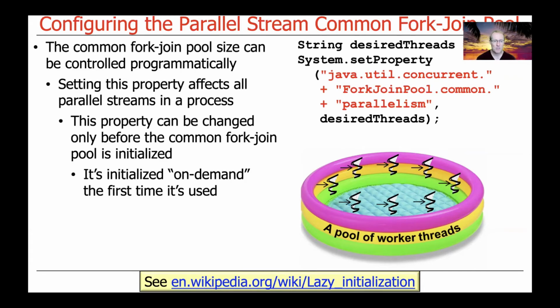This is what's sometimes called a lazy initialization or a first time in check. The first time we create the common fork join pool, that's when the initialization gets done, and after it's initialized the first time, henceforth it's never checked again. So you can't configure this number more than once, and even then you have to be very careful that it's set before any other stream starts to run.